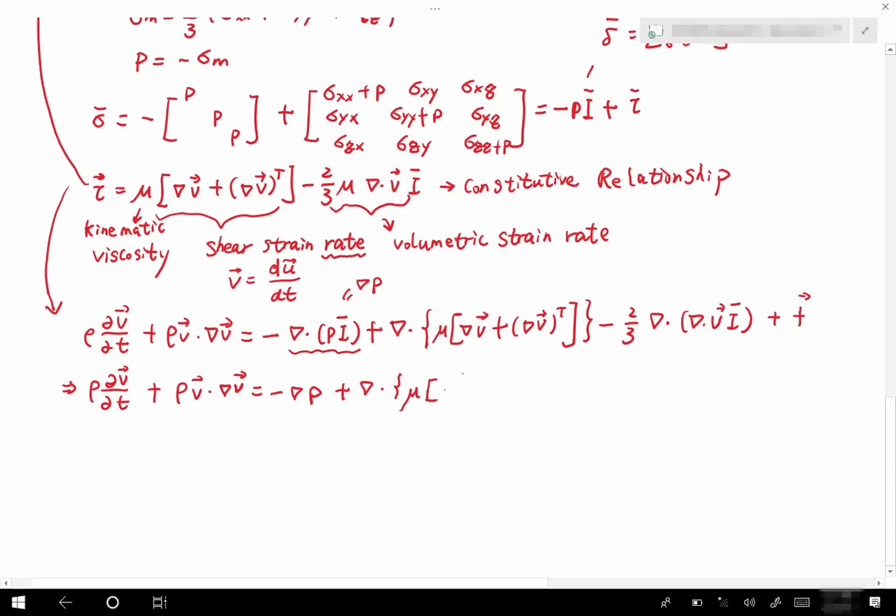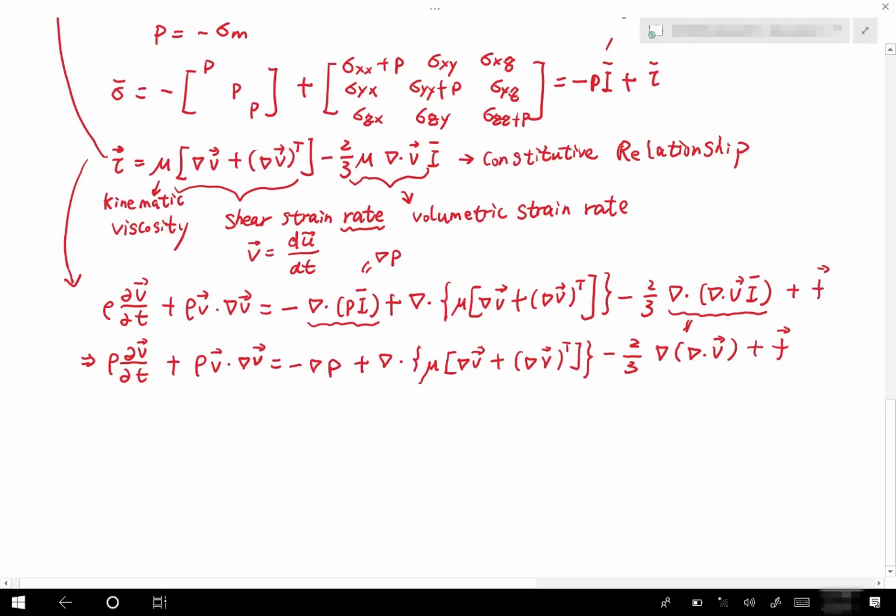Should be V. Then minus 2/3. So for this one, we can get another identity. The 2/3 part should be in that divergence parentheses, right? Okay.